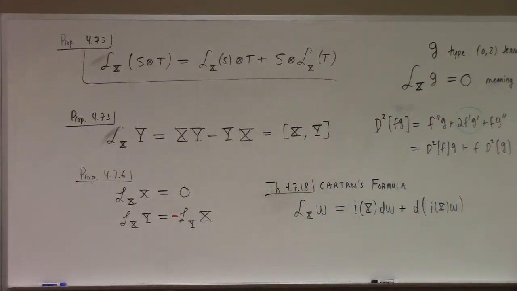But you can start studying the change of objects with respect to this Lie derivative. So it's one of our fundamental tools for studying rates of change, how different objects compare at different points, at least locally.